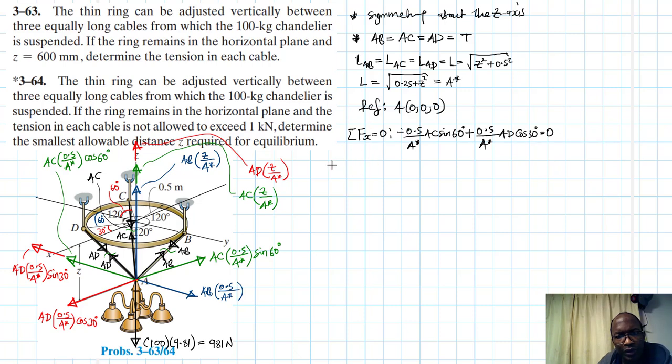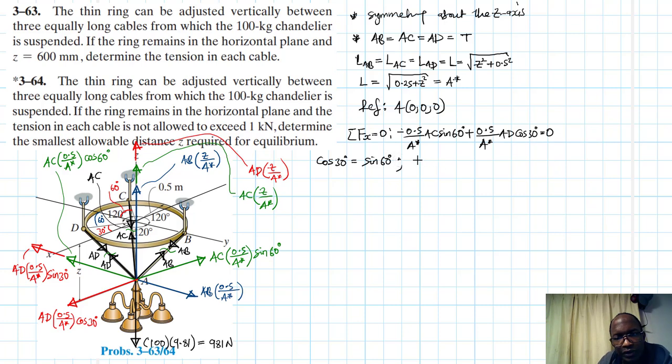Okay, so from this equation we know that cos 30 is the same as sine 60, right? These are the same. So from this equation, cos 30 is equal to sine 60 like we said.